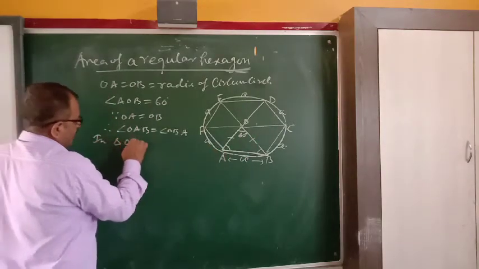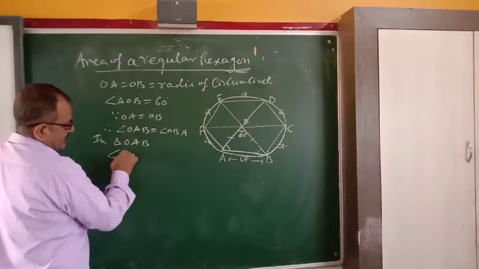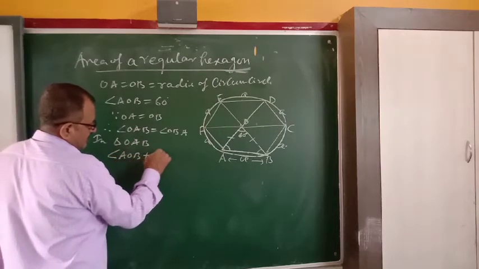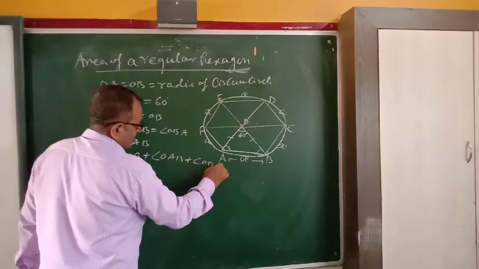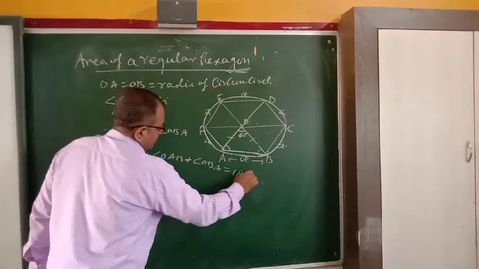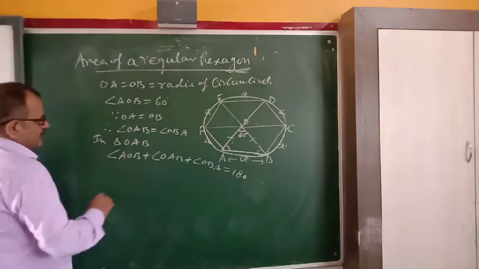So in triangle OAB, we can write angle AOB plus angle OAB plus angle OBA is equal to 180 degrees.